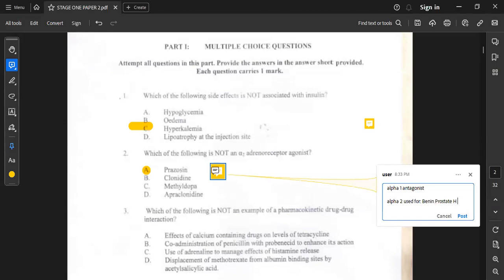But for BPH, we prefer, oh no, this is for the alpha-1 antagonist. For the alpha-2, it's just hypertension. And then methyldopa is usually the drug of choice for chronic hypertension in pregnancy. It's very safe for pregnancy.